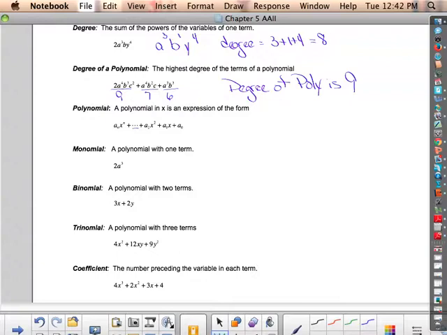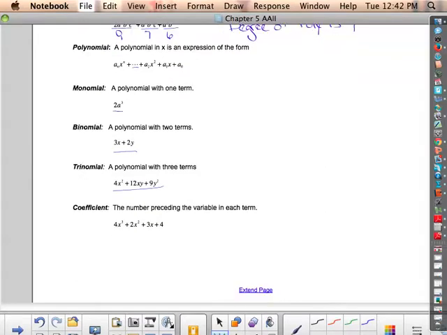Remember, a monomial is a polynomial with only one term. A binomial is a polynomial that has 2 terms, and a trinomial is a polynomial with 3 terms. We're going to take a look at those perfect square trinomials later on. And that's how I'll refer to them. So you need to recognize a perfect square trinomial.